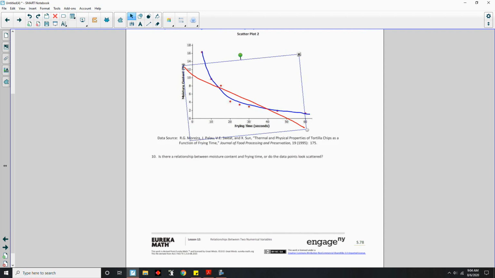See, no matter how I rotate that, it just doesn't seem to fit as a linear. Okay, so I'll leave that out there just for now. The red doesn't really fit too well, but the blue is really close to all those. But there does seem to be a relationship. As the fry time increases, the moisture content does decrease. Okay, so it just says, is there a relationship? Or do the points look scattered? And I would say there is a relationship.